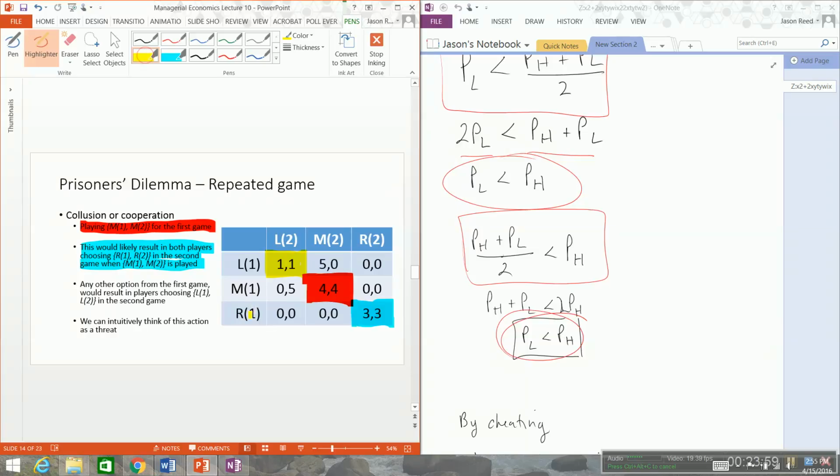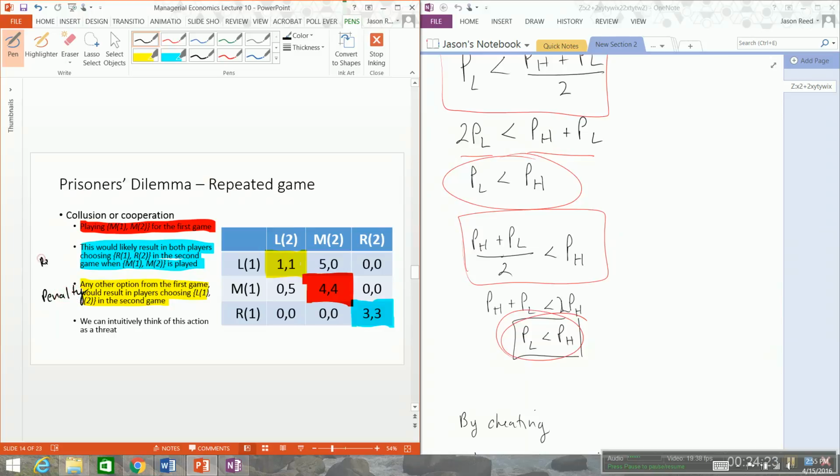If any other option was played in the first round, so if we didn't play middle, middle, if we cheated somehow, then what would happen is we would result in the second game of penalizing each other. So we want to think of left, left as our penalty option. So penalty.